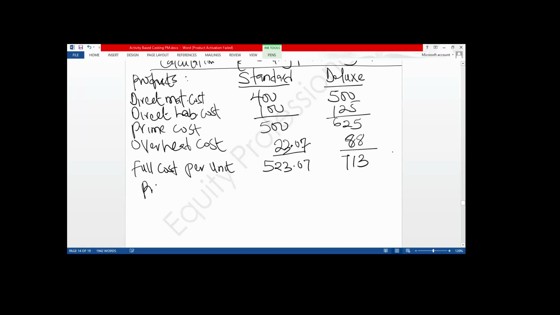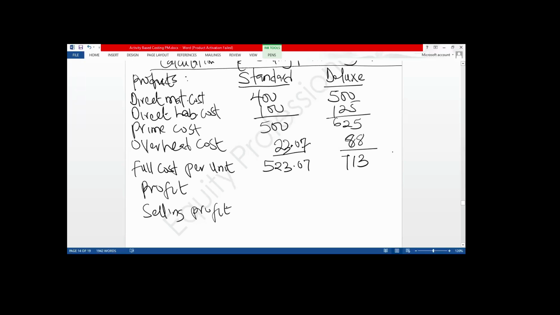Then your profit, then your selling price. Examiner says the profit is 20% margin. If the examiner says margin, that means it's on sales price.